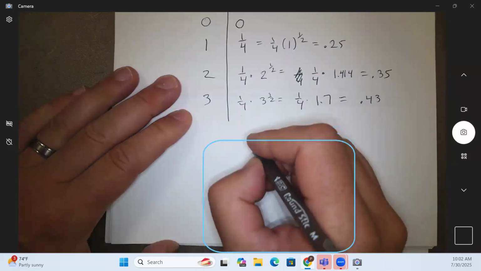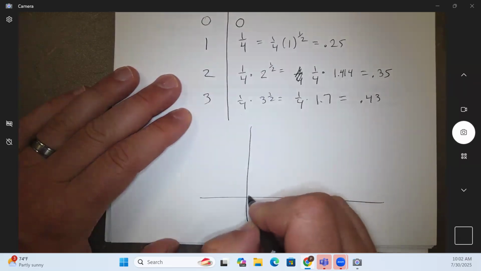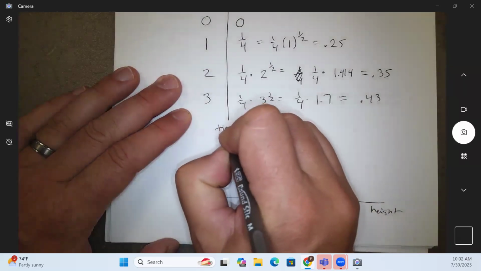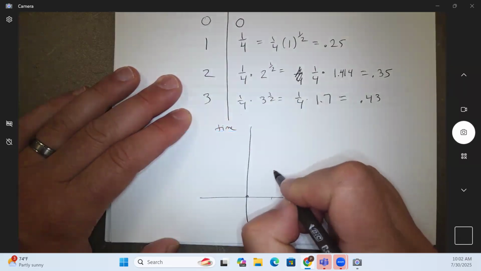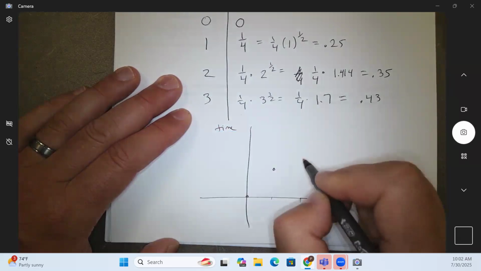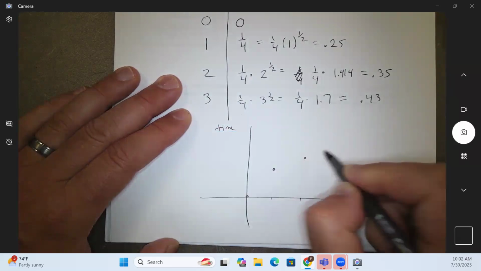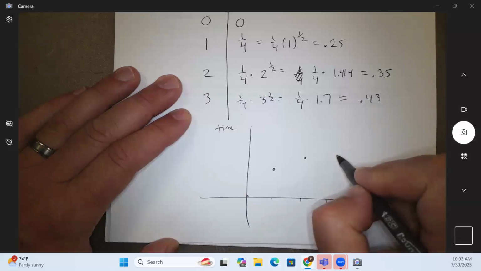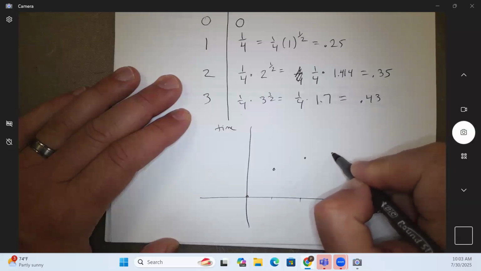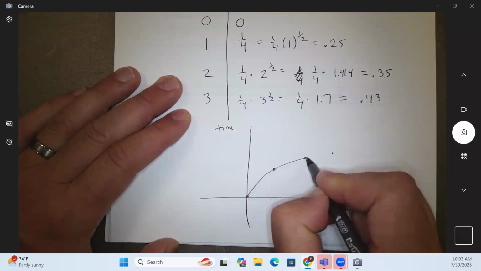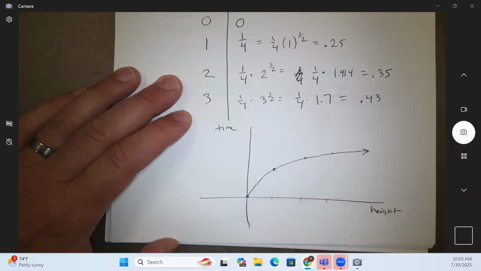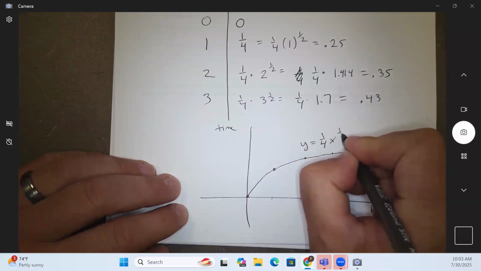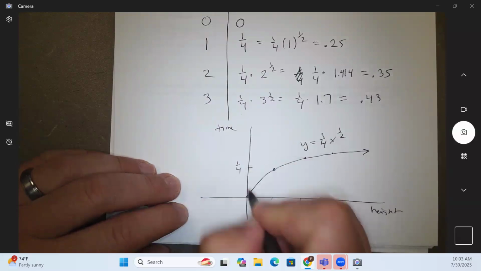If you were to graph this, what you would find is when your height is 0, of course, it takes 0 time, and you increase your height, you increase your time, you increase your height, you still increase your time, but by not as much. And you do it again, and you do increase your time, but again, by not as much. So what you end up getting is something that kind of does that. Y equals 1/4 X to the 1/2.